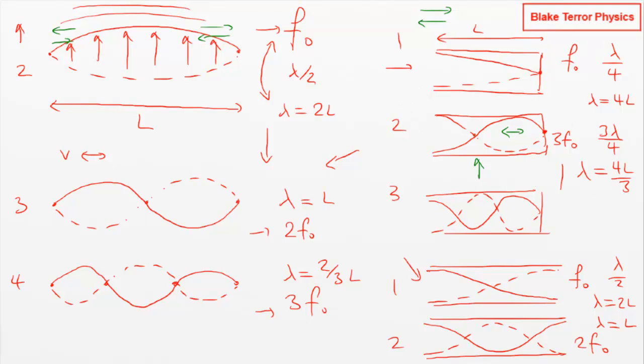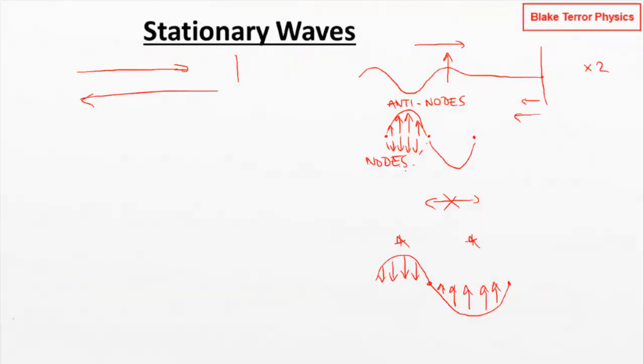Well, I'll go back to the previous screen because we've got a bit more space to draw on here. So you've got your air column like this. Say it was open at both ends. You've got a wave which heads in one end. Remember, this is for sound waves. We're thinking of these as being pressure bands, essentially.